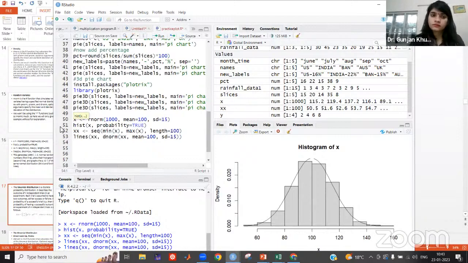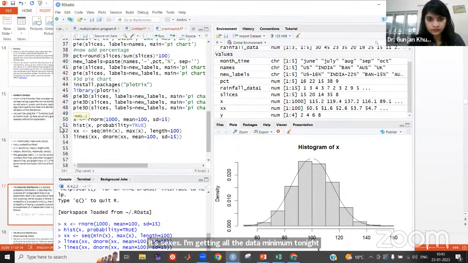Sorry, I did not get the same thing. What about hist? Did you write probability equal to TRUE? Yes, the hist text is coming, it is working. In xx I am getting all the data, minimum to maximum. But when I put the lines command, it is not working.